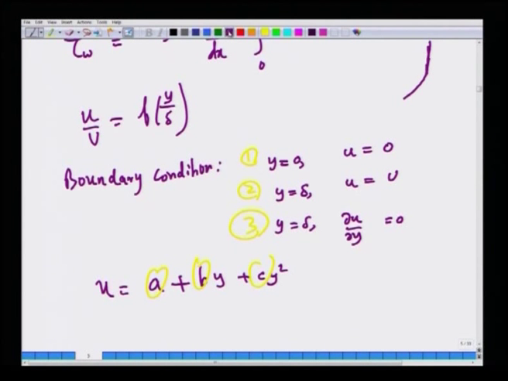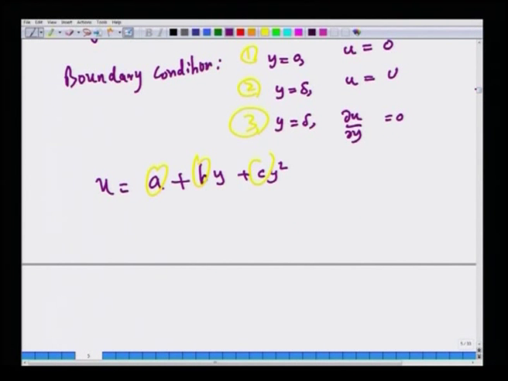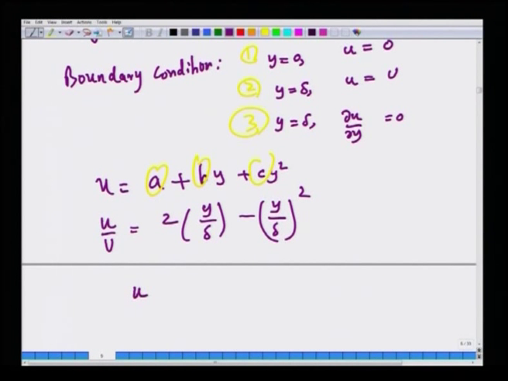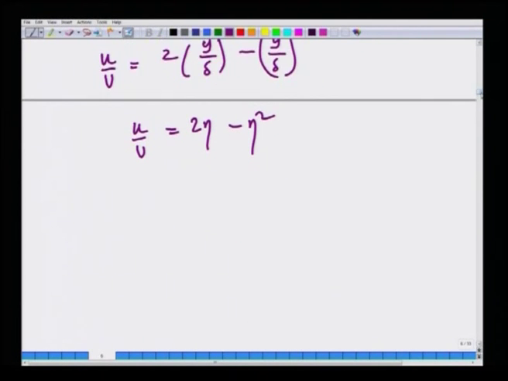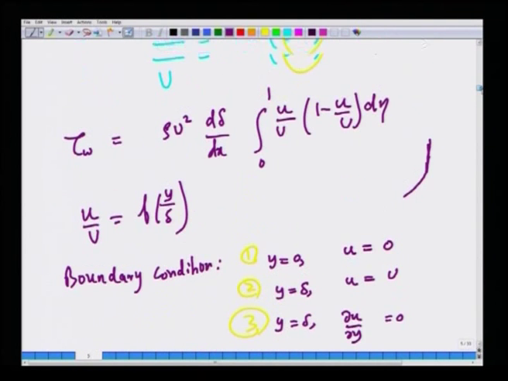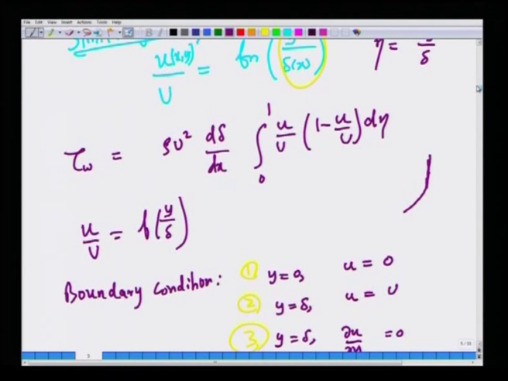Once you solve for this, we will get a functional form for u by U. u by U becomes 2 times y divided by delta minus y divided by delta squared, or u by U is nothing but 2 eta minus eta squared. Once you substitute this back in here, we can integrate this expression and get an expression for tau w.